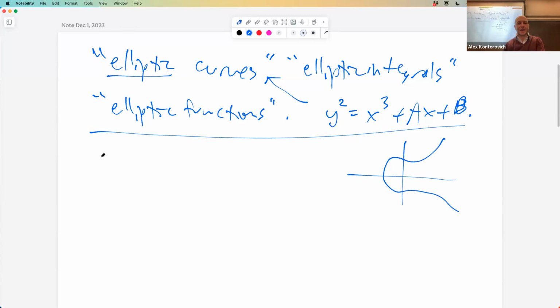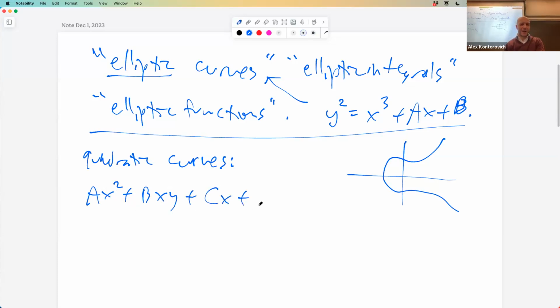If we go way back, if this wasn't a cube, if it was a square, does anybody know what quadratic curves are? Quadratic curves look like some coefficient a x squared plus, let's get as many x's as we can, keeping the degree as high as possible. Now that's all I can do with x's.